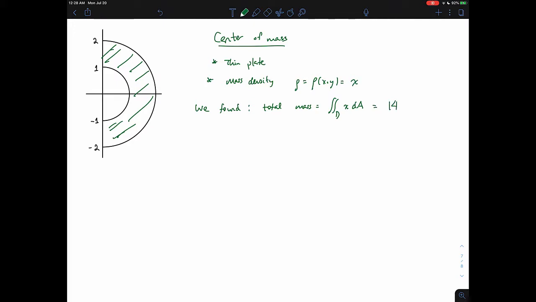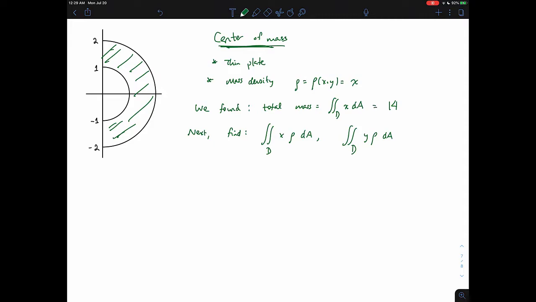Next, in order to find the location of the center of mass, we need to find two more integrals: the integral over the domain D of x times the density, and the integral of y times the density. First, let's find those integrals, and then we'll see how to use them to find the center of mass.